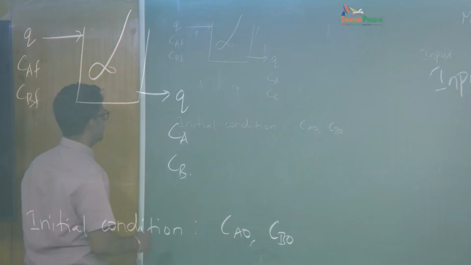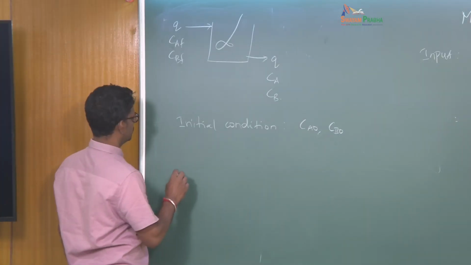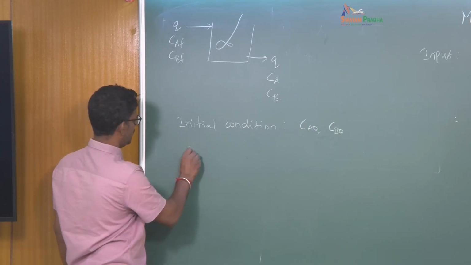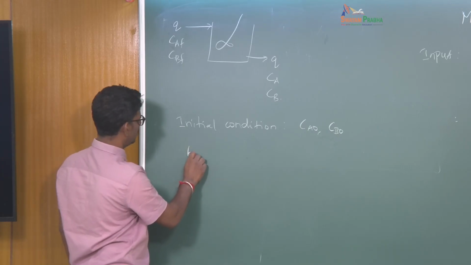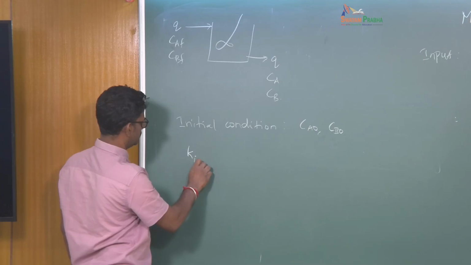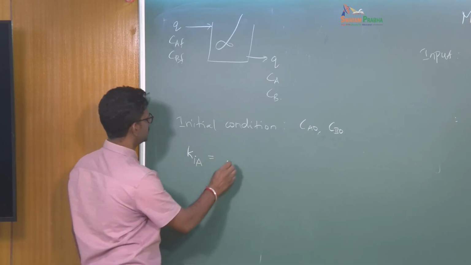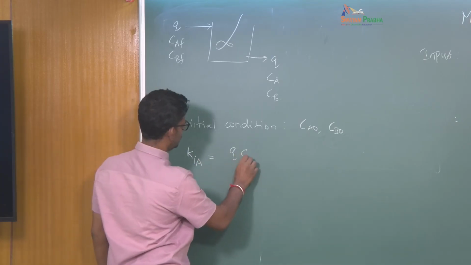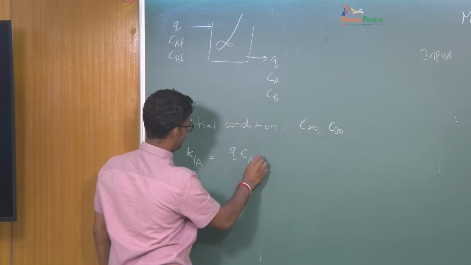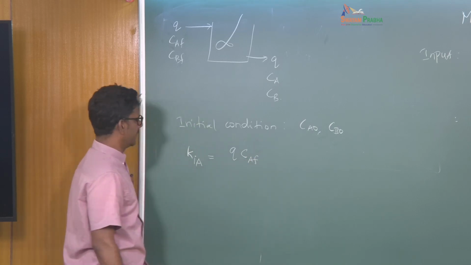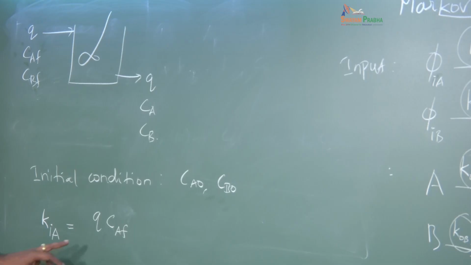So now we say that KIA is nothing but Q times CAF. This is in volume per unit time, and this is in molarity or number of molecules per unit volume.